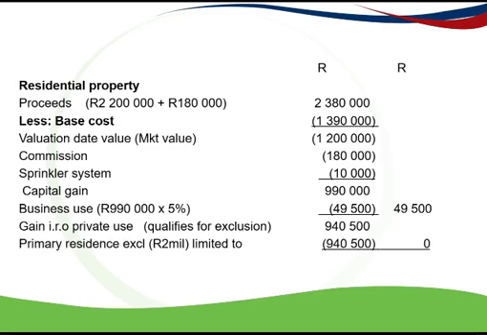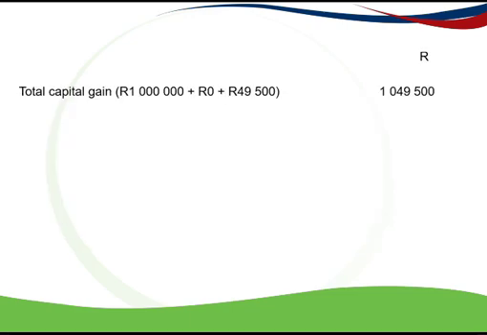The exclusion is up to an amount of 2 million Rand, so the full gain on the private residence can be excluded, and therefore nothing is included in the total capital gains, the aggregate capital gains that we're going to add up. So we add up our right-hand column and we get a total capital gain of 1,049,500 Rand.